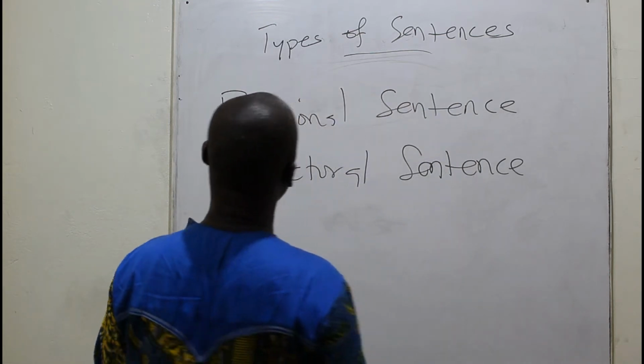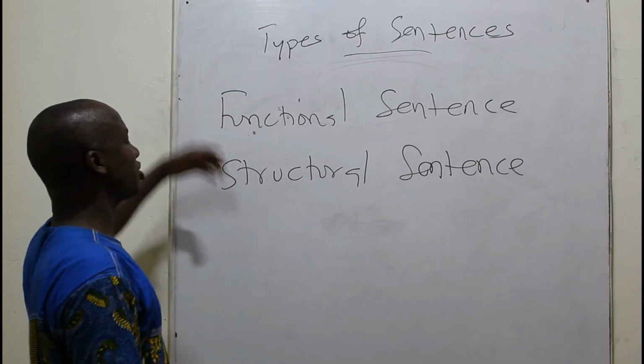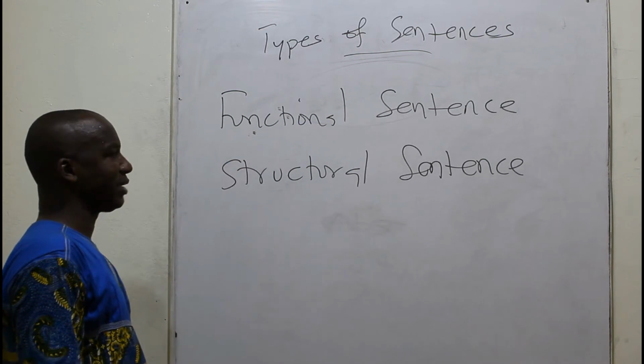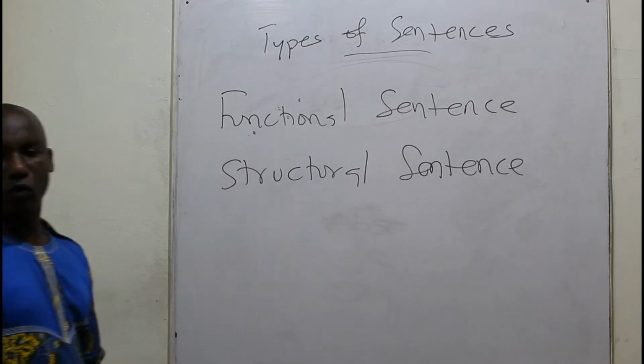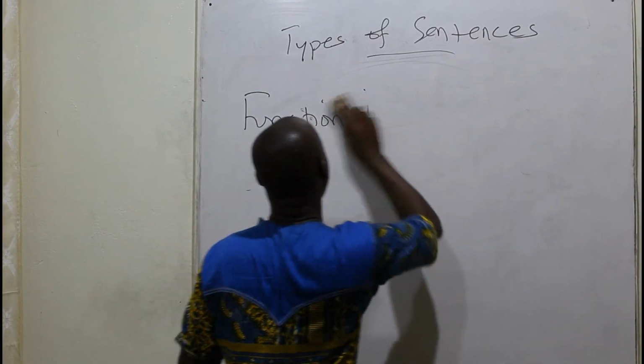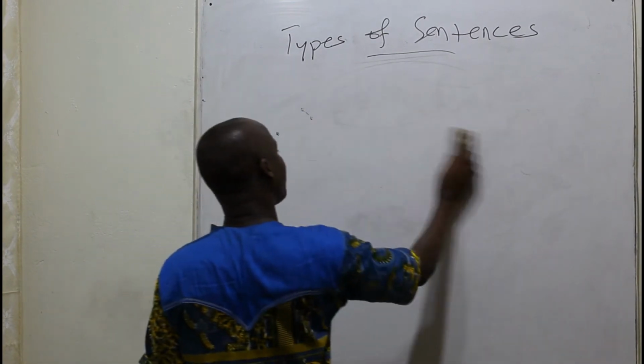Then the structural sentences. These sentences are structured as either simple, complex, compound, or compound complex. We will look at them and what they entail. And so we're going to pick them one after the other.